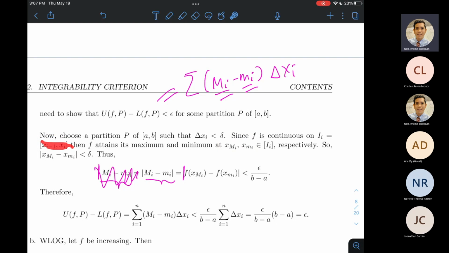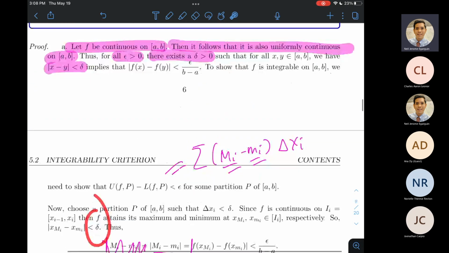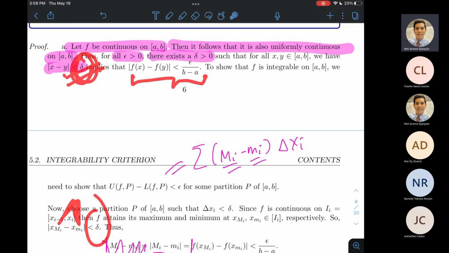Because ang total length nito ay delta, so ibig sabihin itong dalawa, nasa loob siya ng interval na to, so yung distansya sa pagitan nilang dalawa ay hindi lalampas ng delta. And this delta is the same delta na ginamit dito sa uniform continuity. Dahil meron akong dalawang x's na hindi lumampas ng delta yung difference nila, mag-hold ito sa kanilang mga function values.